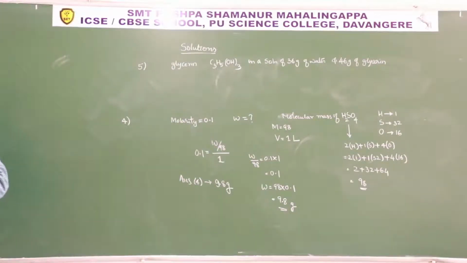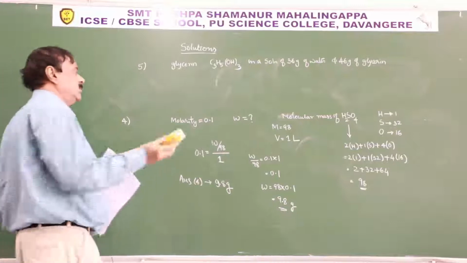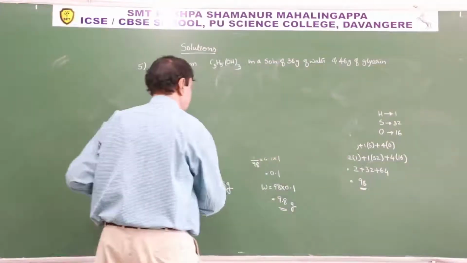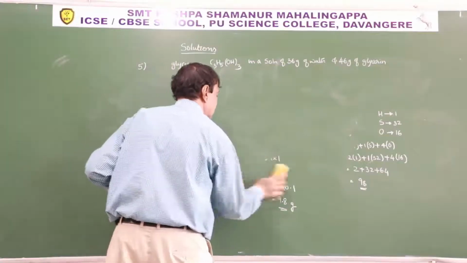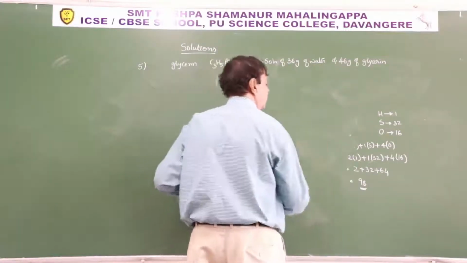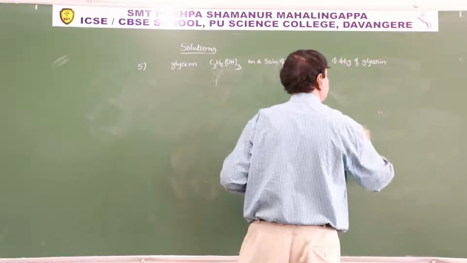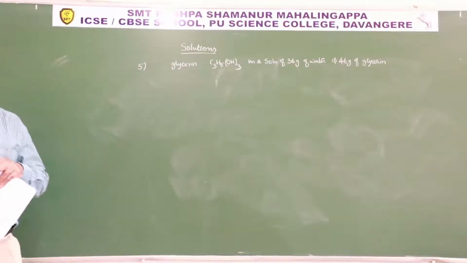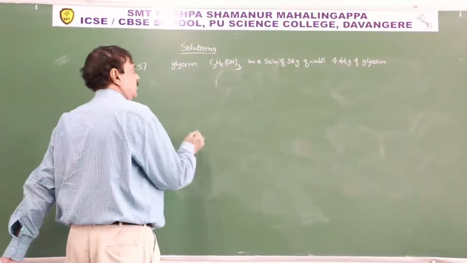Here, this is based upon the mole fraction problem. Mole fraction is given by the number of moles of the individual component divided by the sum of the number of moles of the mixture.